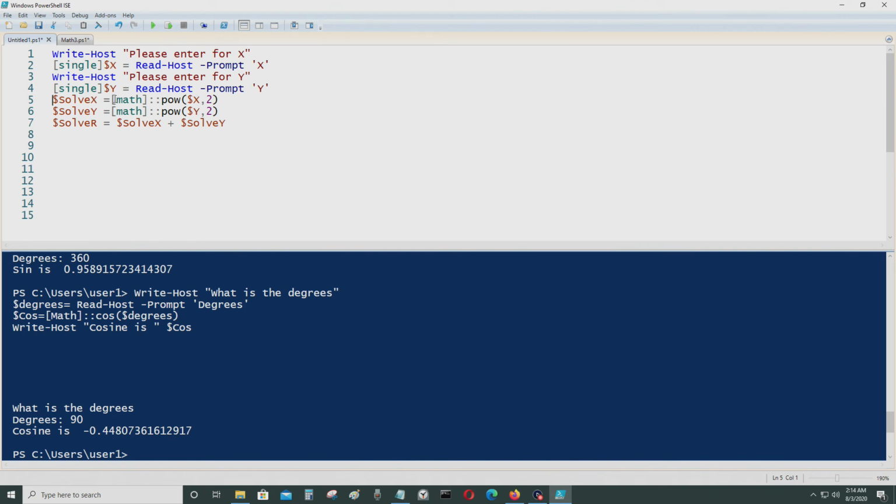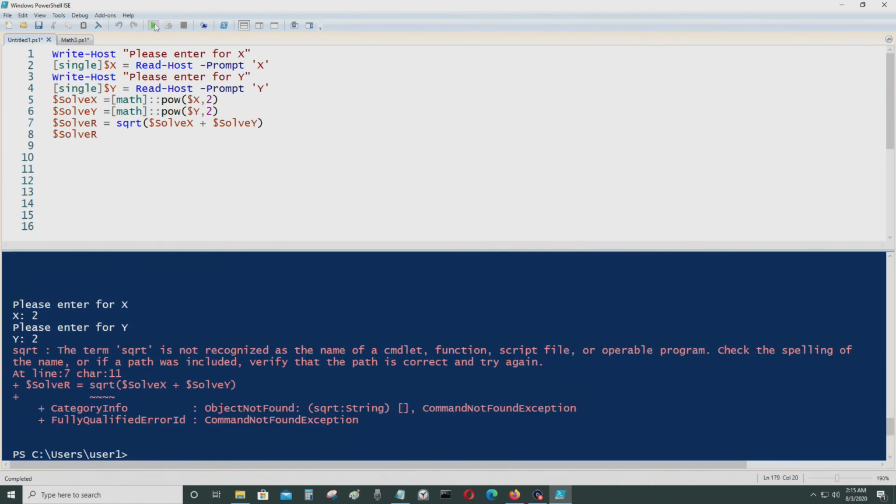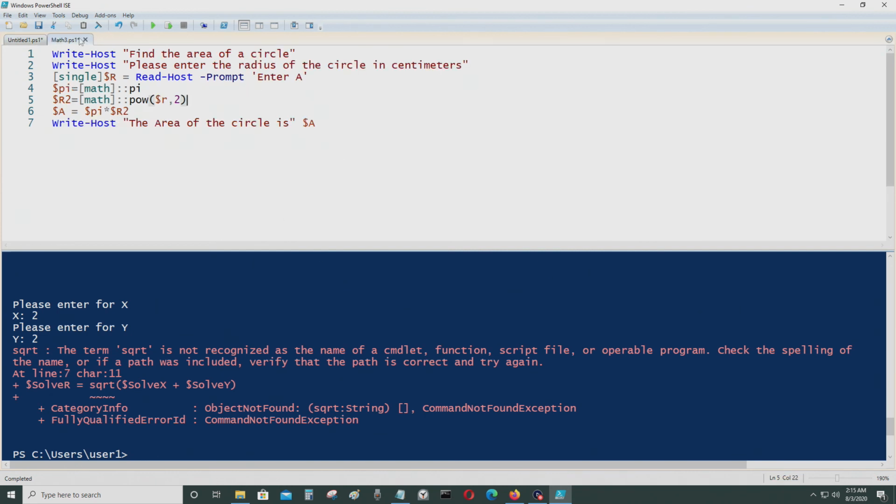X squared and y squared. See if that would work. Let's try this. 2, 2. That didn't work.